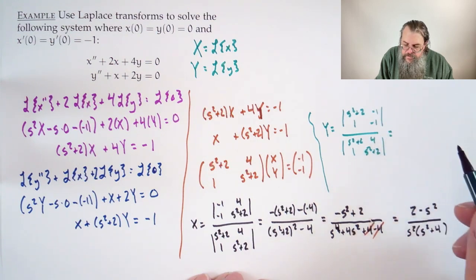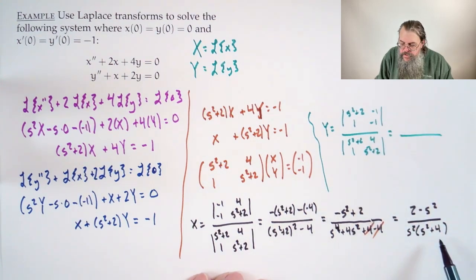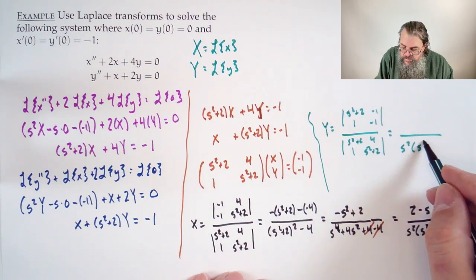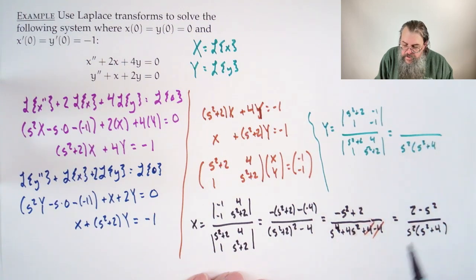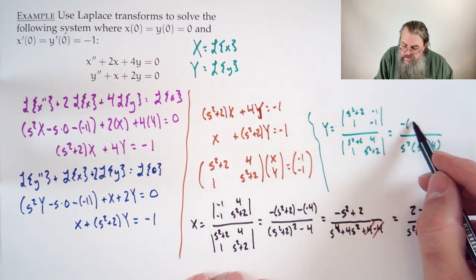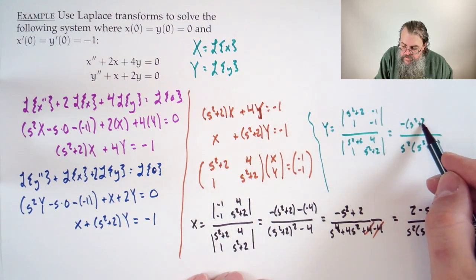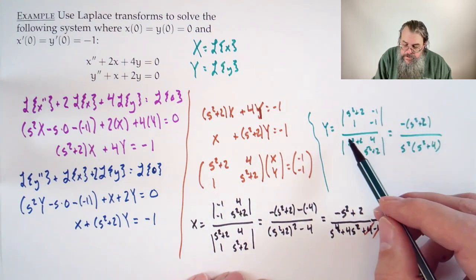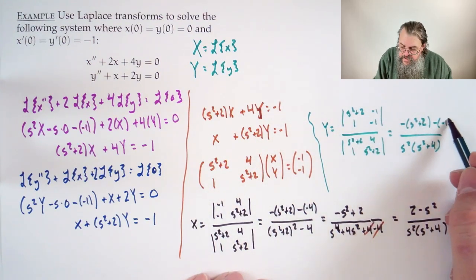Well, look, for the downstairs, we can just skip ahead. We know what happens. We know we get s squared times (s squared plus 4). How about the top? Well, we're going to get minus (s squared plus 2) from our diagonal. And then we're going to subtract a negative 1.